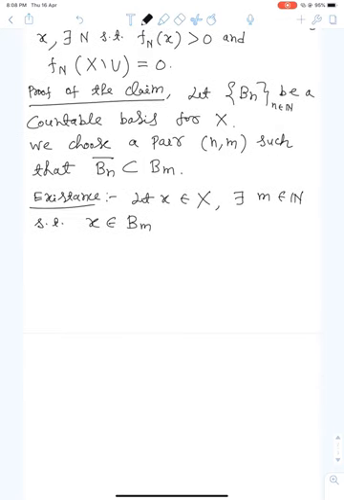And now what is my x? X is a point and Bm is a basis element.